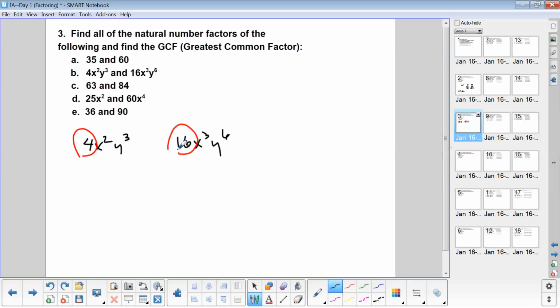Well, 4 is actually a factor of 16, so the greatest common factor of 4 and 16 would be 4, but we still have the variables, so you don't want to forget those. Over here you've got 2 x's, and over here you've got 3 x's. And over here you've got 3 y's and 6 y's.